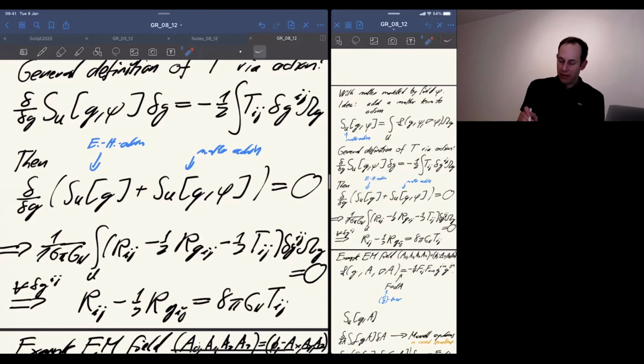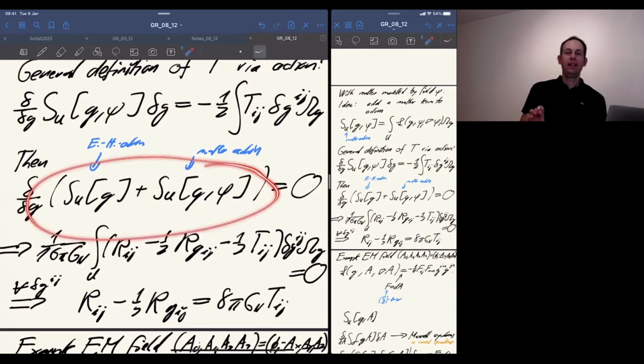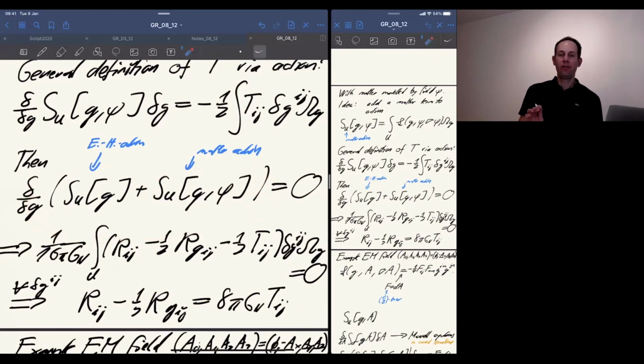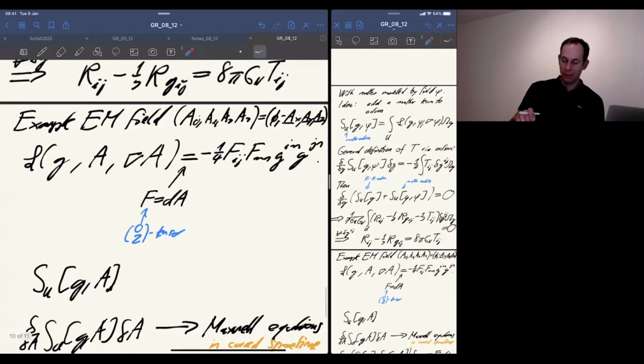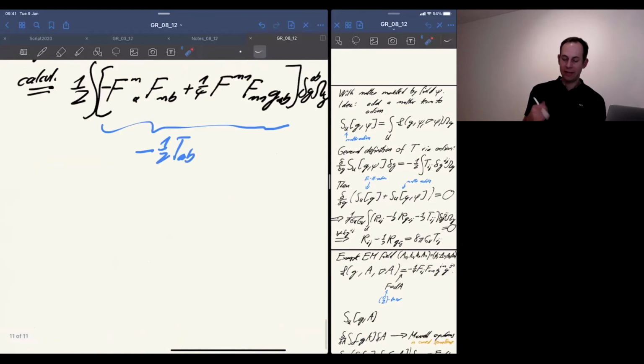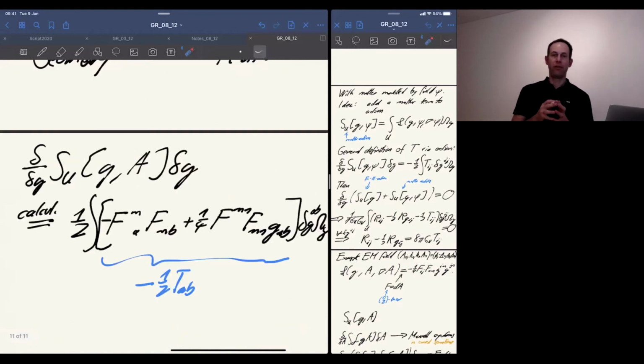So we just took this electromagnetic action and said, let's vary it with respect to G. And then by varying this, we got precisely the Einstein field equations for matter in the case of electromagnetic matter. What I've shown as a calculation was the variation of the first term.